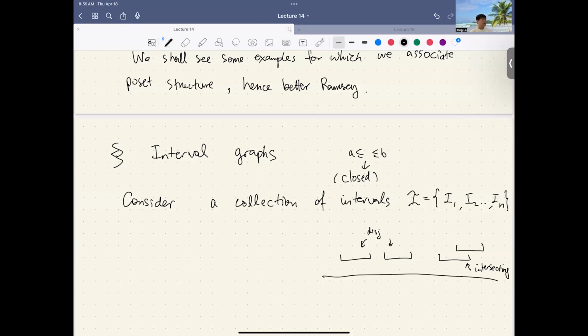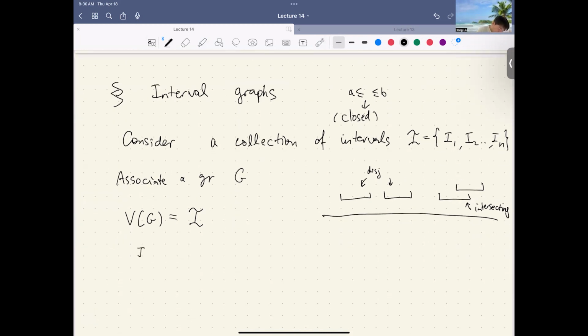Then we can associate a graph to this collection of intervals. Think of every interval as a vertex. Then we can construct a graph G where the vertex set is just the n intervals in this collection, and two points are adjacent if the corresponding intervals are intersecting. And you have I1 adjacent to I2 in G.